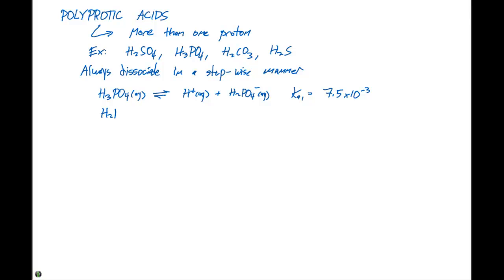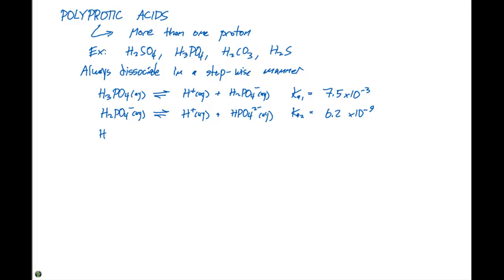The H2PO4 minus can then be in equilibrium with H plus in aqueous solution plus HPO4 2 minus ions in solution. The Ka2, or the equilibrium constant for that second proton to fall off, is going to be 6.2 times 10 to the minus 9.